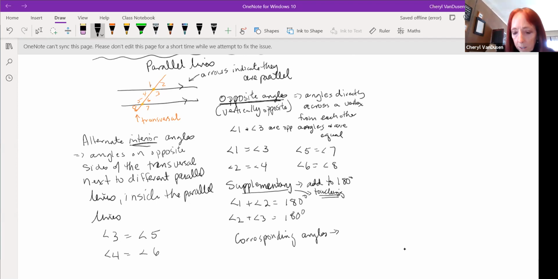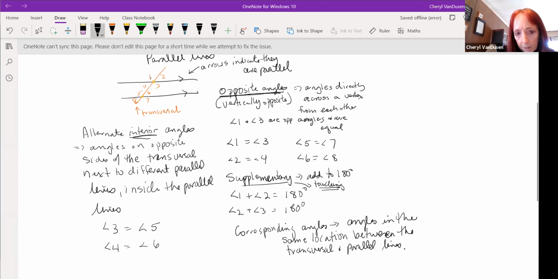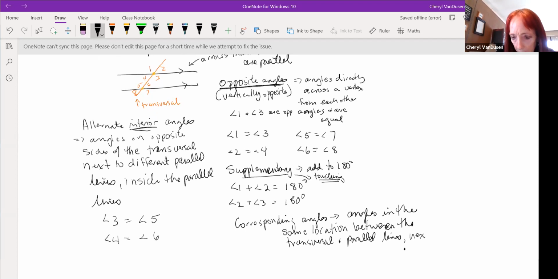The definition here is angles in the same location between the transversal and parallel lines, next to different parallel lines. Again, I don't love that I have to define these, but I do. We just need to make sure we know which are which.